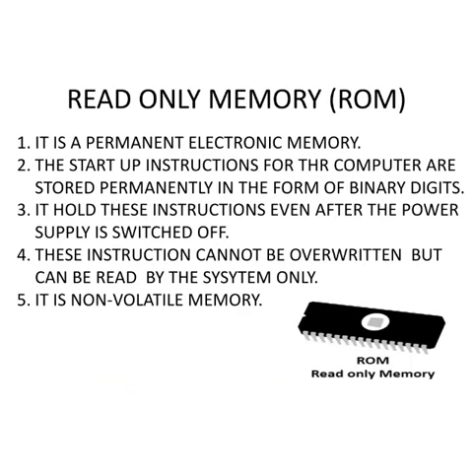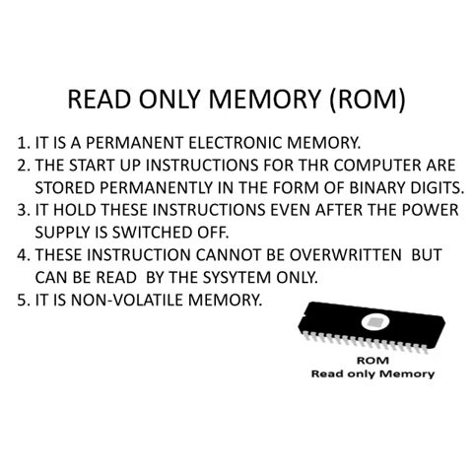It stores the user's data and instructions along with the result produced by the system. Next is ROM. ROM is read-only memory. It is a permanent electronic memory. The startup instructions for the computer are stored permanently in the form of binary digits. It holds these instructions even after the power supply is switched off.